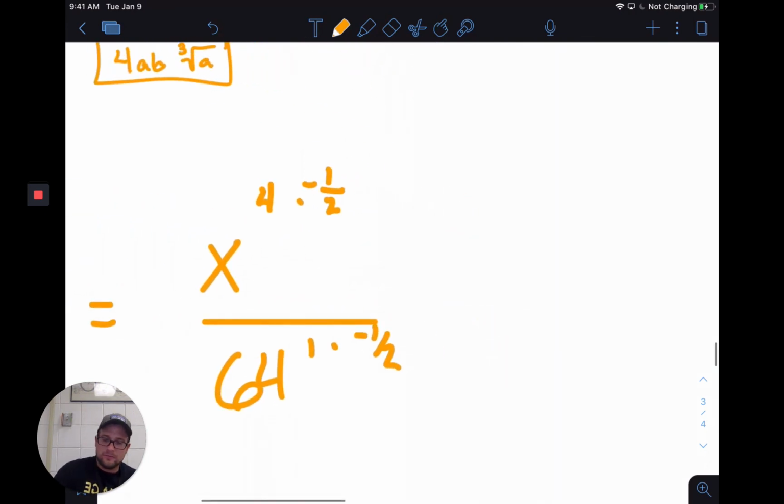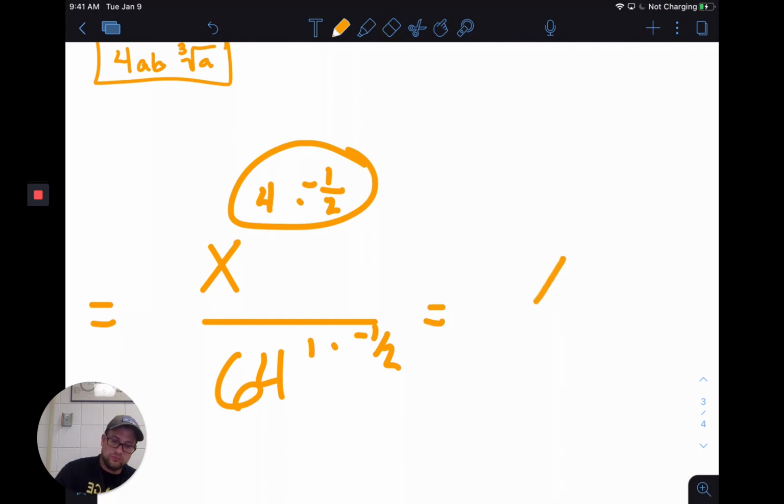From there, 4 times a negative 1/2 would leave me with a negative 2. And on the bottom, I would have 64 to the negative 1/2 power.